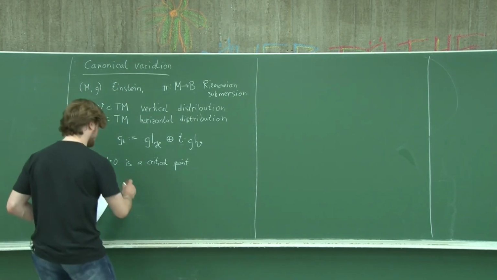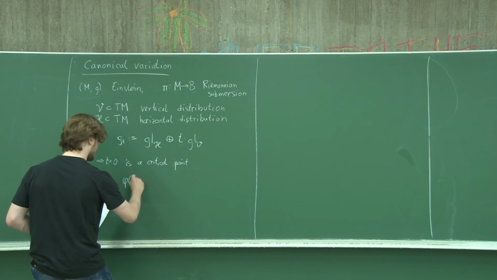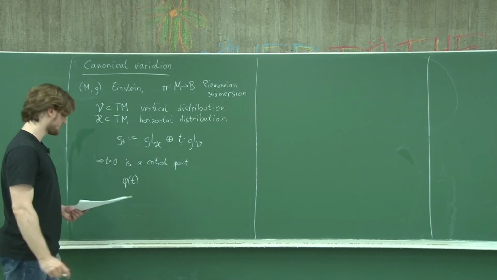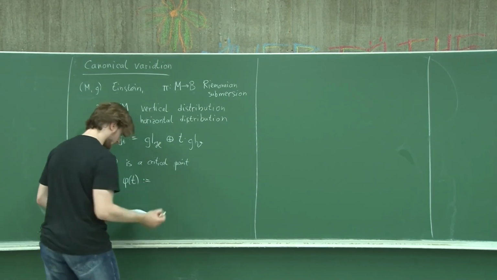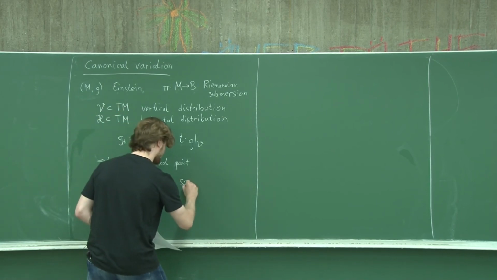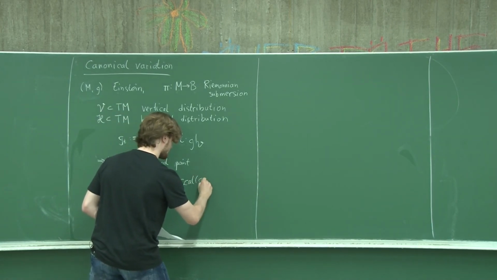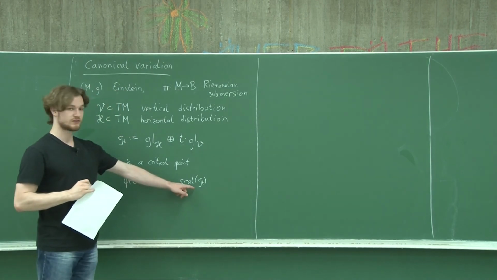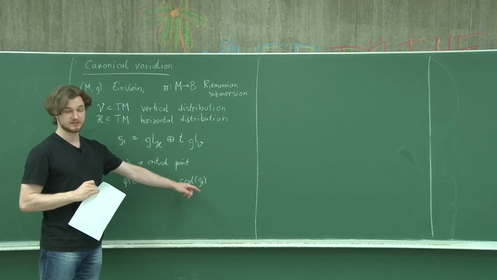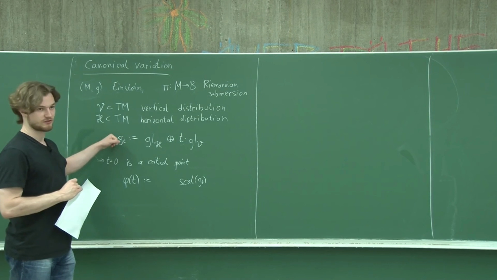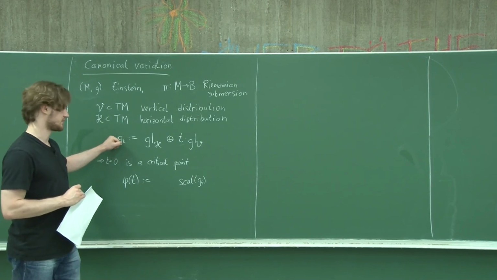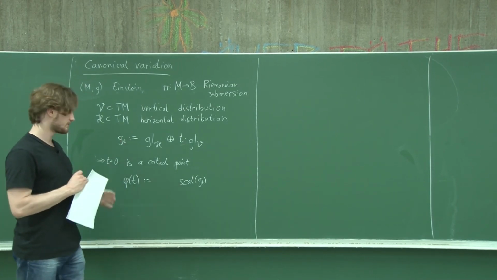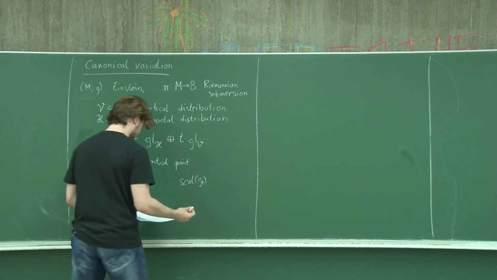What we define is the auxiliary function phi of T. So basically what we take is the scalar curvature of G_T. This is going to be constant for every parameter T, even though these metrics are not going to be Einstein in general, but they will all have constant scalar curvature. And then we have some volume factor.